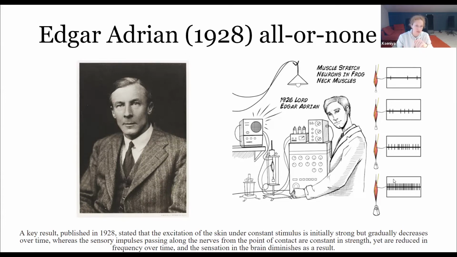You can see this on the picture on the right. So in fact, it was a measurement of the impulse of a single neuron. This conclusion was eventually made by Adrian.